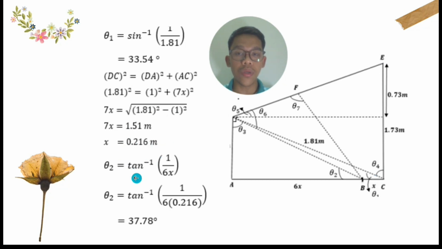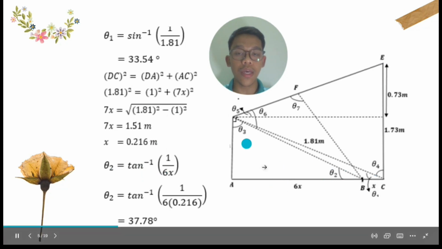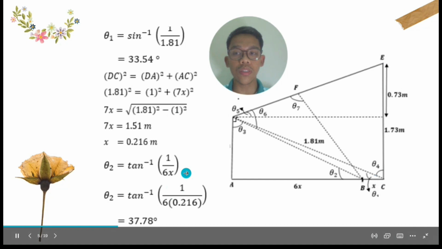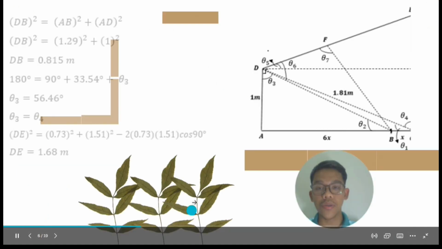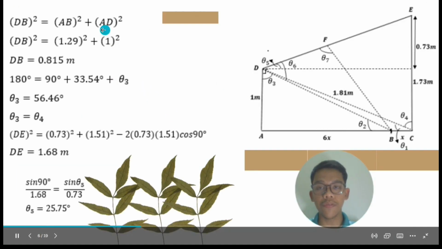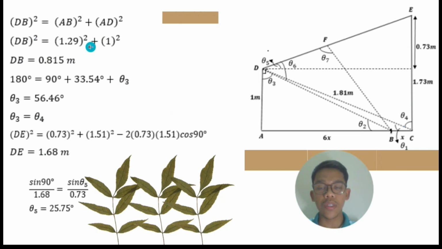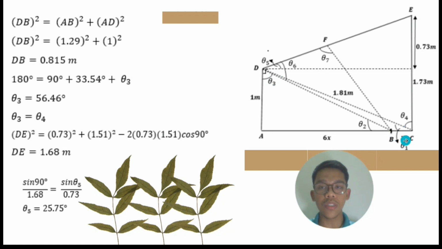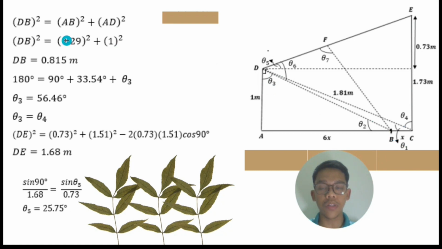Right now we can find the value of theta 2 by inverse tan of 1 over 6x. We substitute the value of x into 6x, and we get theta 2 equal to 37. Next, we need to find the value of dB, and using the hypotenuse rule, we get dB as 0.815 meters.